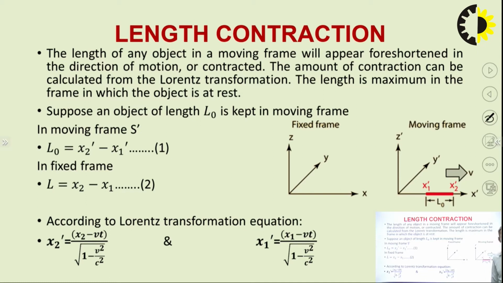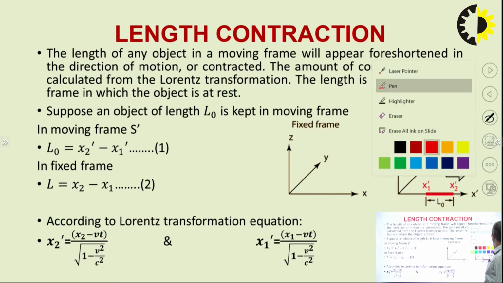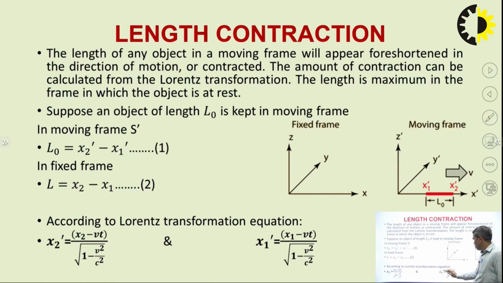So, according to the Lorentz transformation equation, x2 prime is related to x2, and x1 prime is related to x1. x1 prime and x1 are related through the Lorentz transformation of space and time.